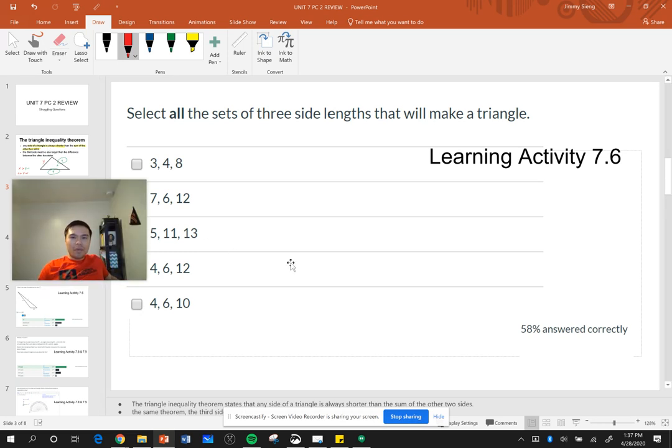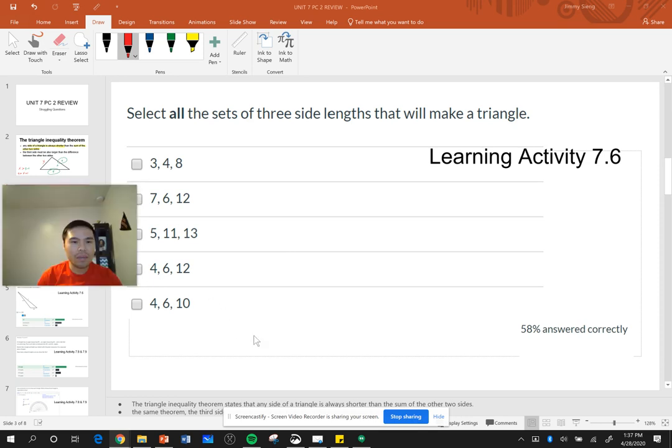So some students, I was going over the learning activities and noticed that some students were still struggling on a couple of them, and I just want to double check with them all, okay? So this one is a problem from learning activity 7.6. And basically, we're asking if we can make a triangle with these three sides.